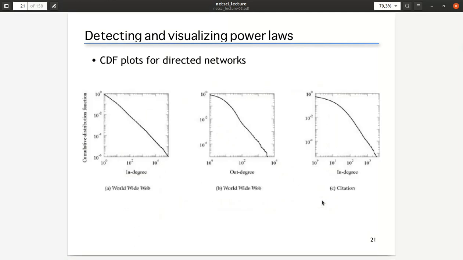For directed networks, the CDF plots look very similar, but now it's not only the degree, it splits into in-degree and out-degree. These two correspond to the World Wide Web, and this one here is a citation network, which you can see also follows power law. I mean the cumulative distribution function of it.